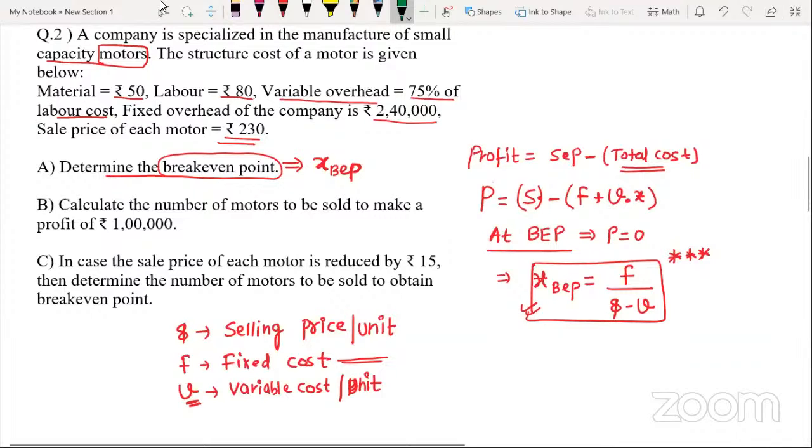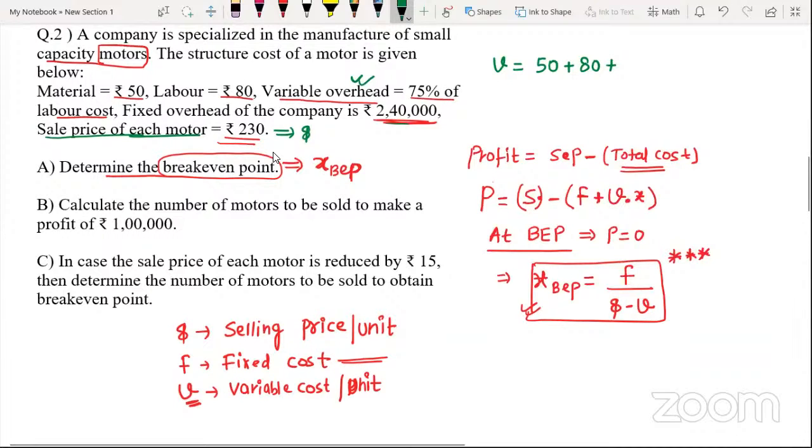In this question you can see they have given the fixed overhead of the company. They have given the selling price of each motor, which means this is small s. Only we have to find this small v. Small v is the summation of material cost plus labor cost, plus they are saying 75% of the labor cost.